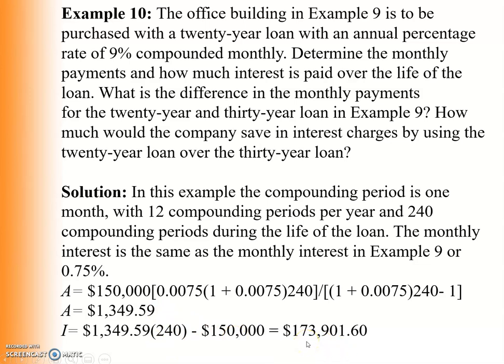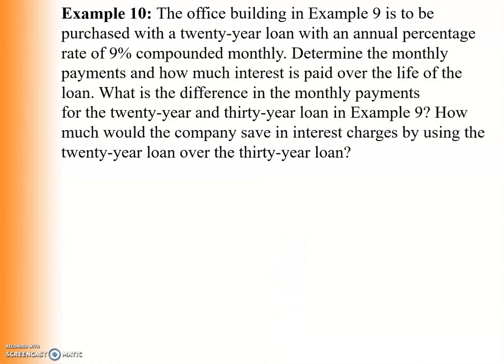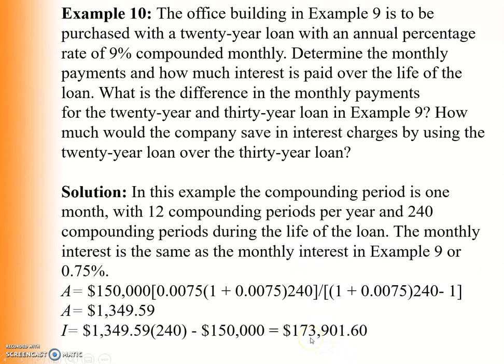So over the 20-year period, the total interest paid will be much lower than in the previous case. Previously $284,000 was the total interest paid, but now it is $173,000, a difference of about $110,000 less.